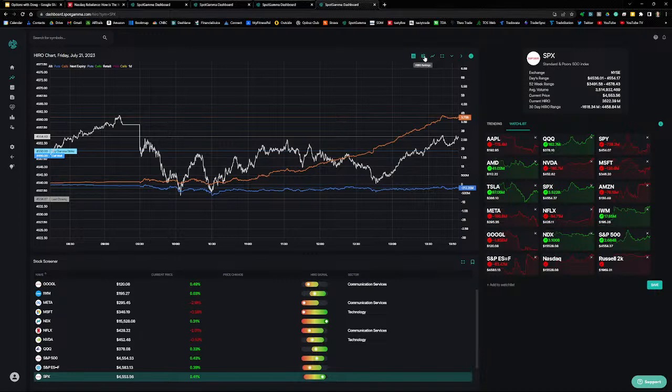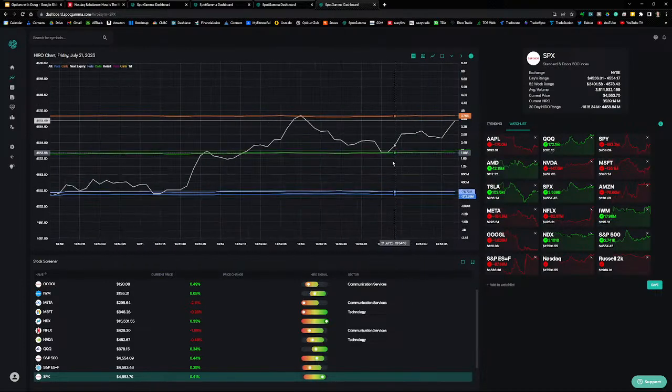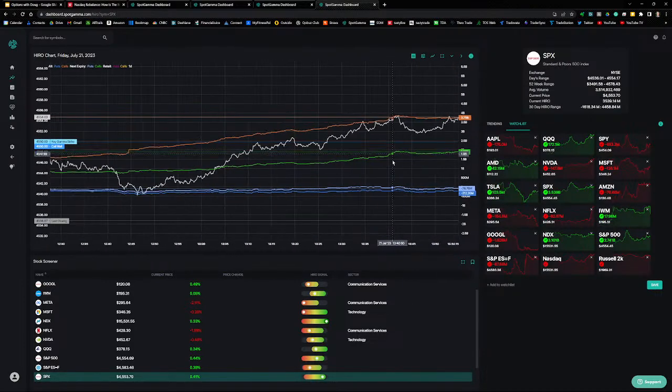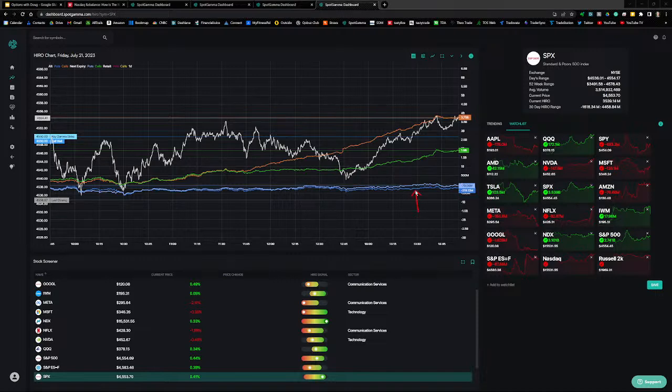I'm showing 0 DTE options, and that's shown with the green line here. These are put lines down here, so they're pretty insignificant compared to calls.